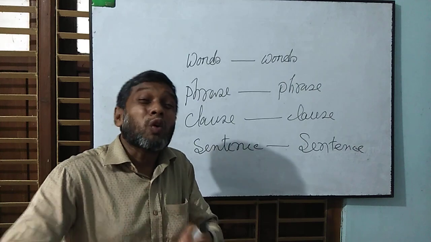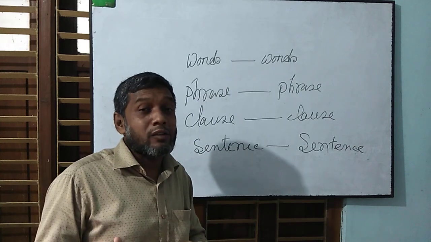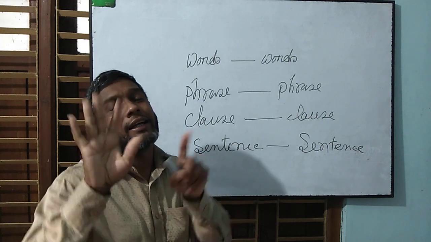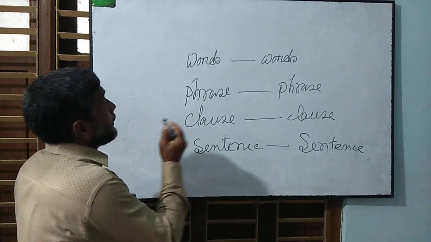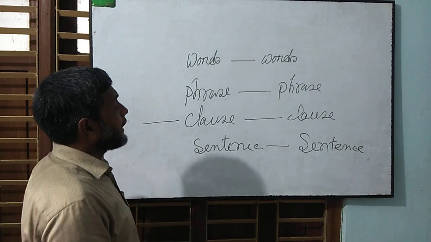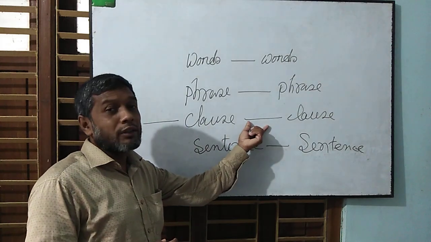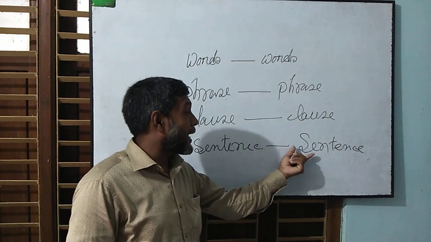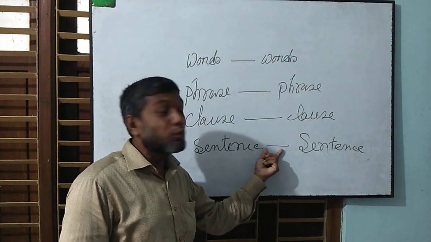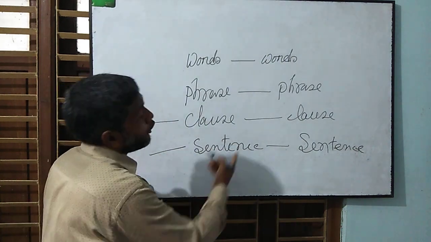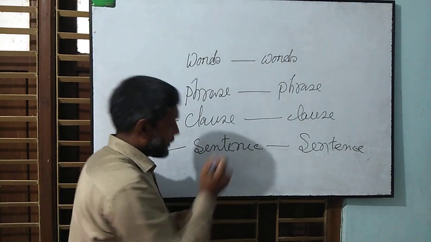But totally these linkers or connectors can be used in 6 positions in a sentence. Two other positions are between two clauses or before a clause. A connector can be used between two sentences or before a sentence to show relation with the other sentence.